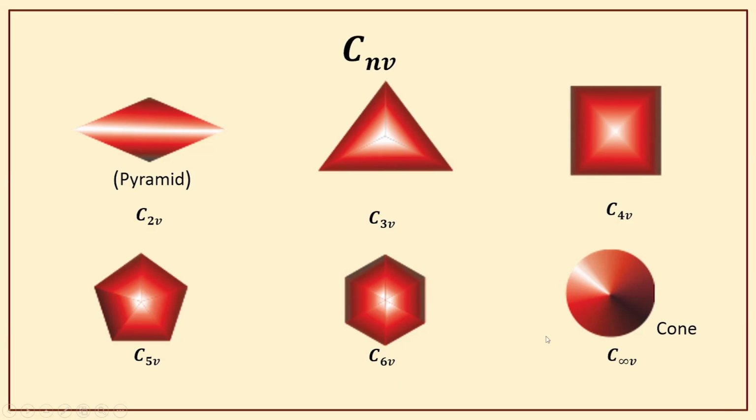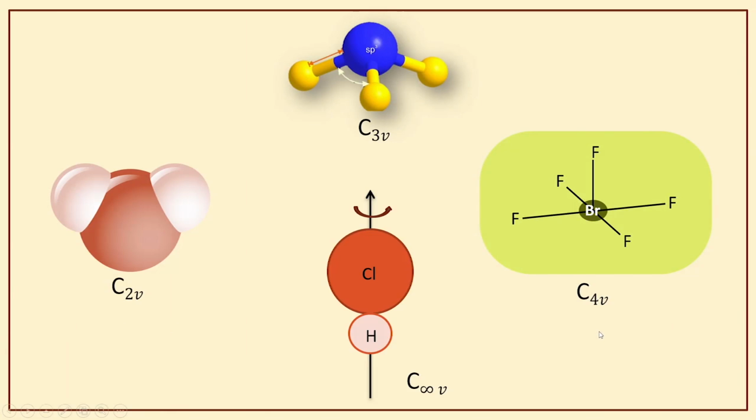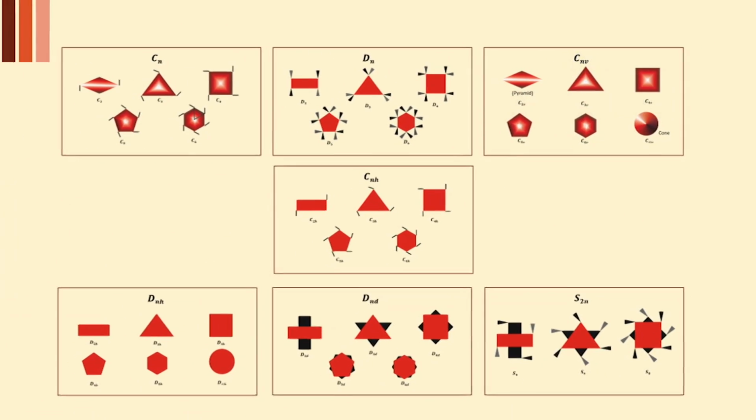Had it been C6v, and finally had it been C infinity v, it would appear like a cone. That's why in my earlier presentation, I gave the ice cream cone as an example for C infinity v symmetry. So correlation techniques would work. Just look at this: water C2v, ammonia, the pyramidal C3v, BrF5, C4v, and C infinity v, that is HCl kind of system. So it's that easy to correlate the structure and put a molecular point group to that.